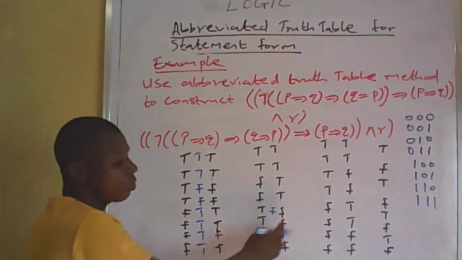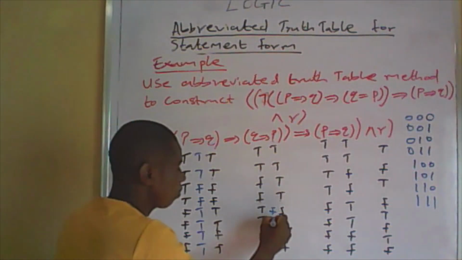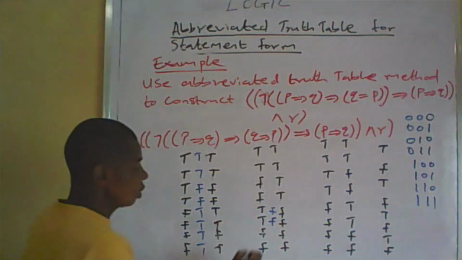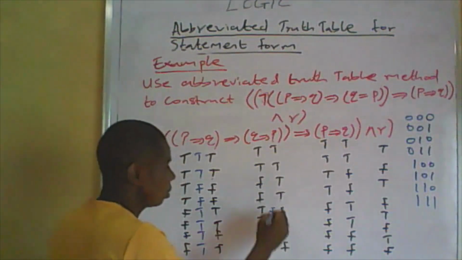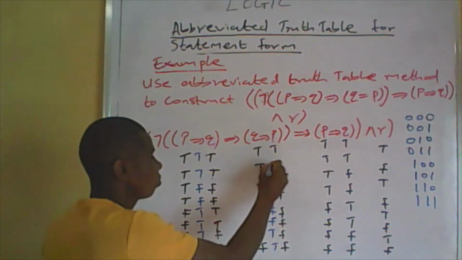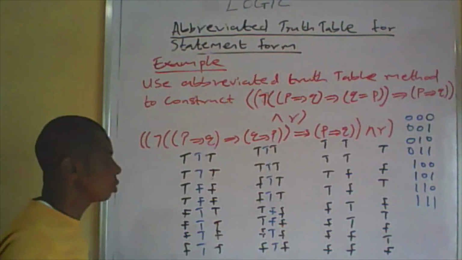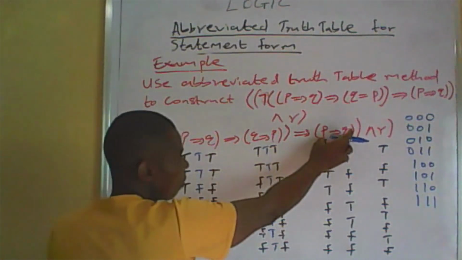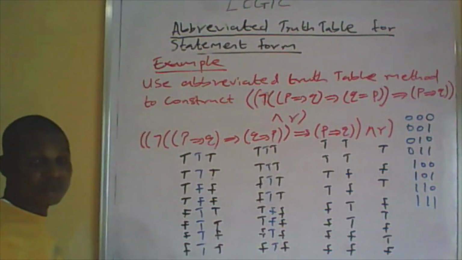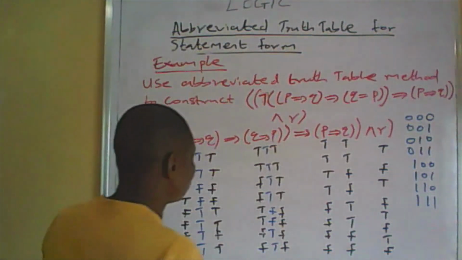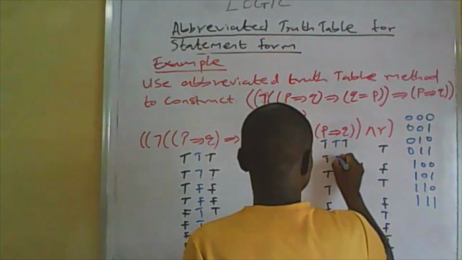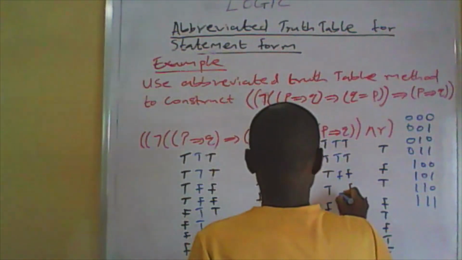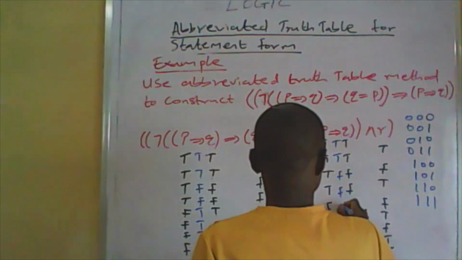Here you have T F, also the same thing, it is F. You have F F, that means T. So the rest are T. Very good. We have the same truth valuation for the same compound statement here. So it will be T, F, T.